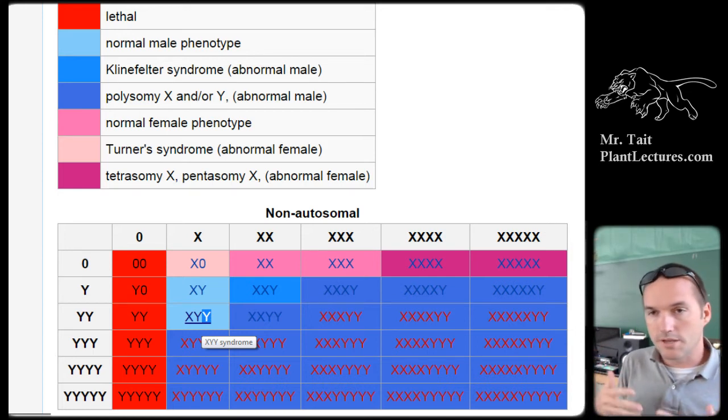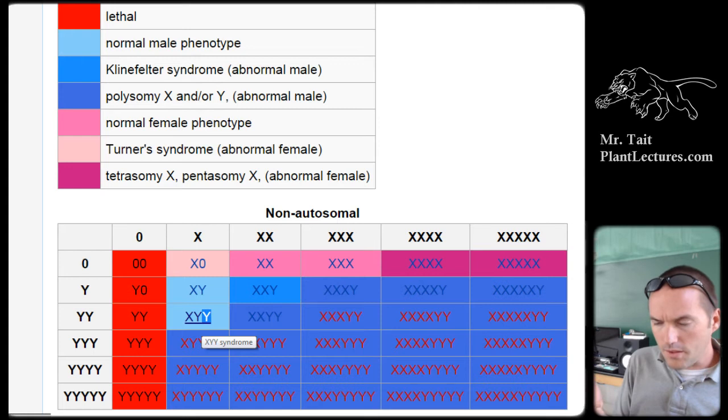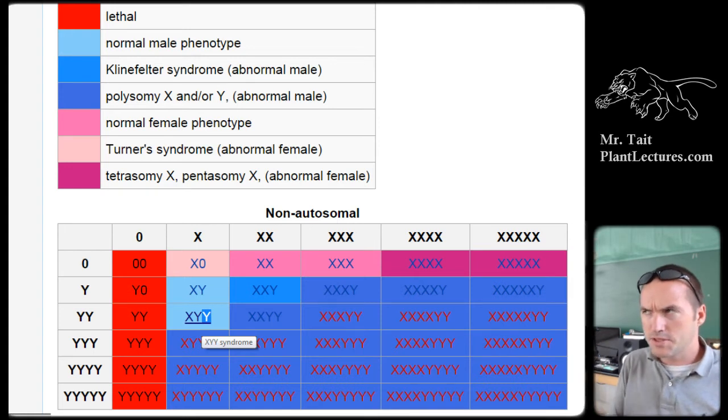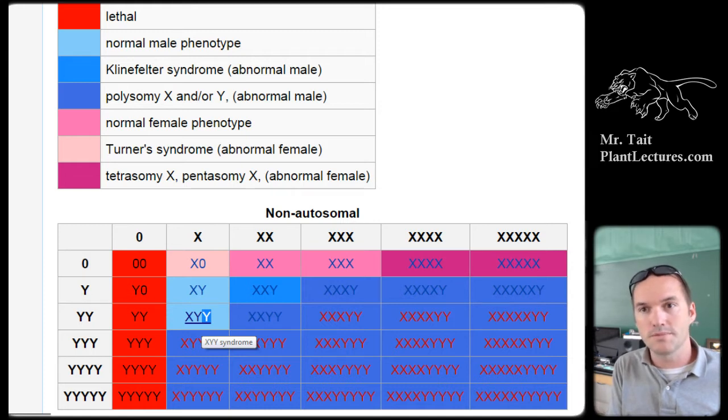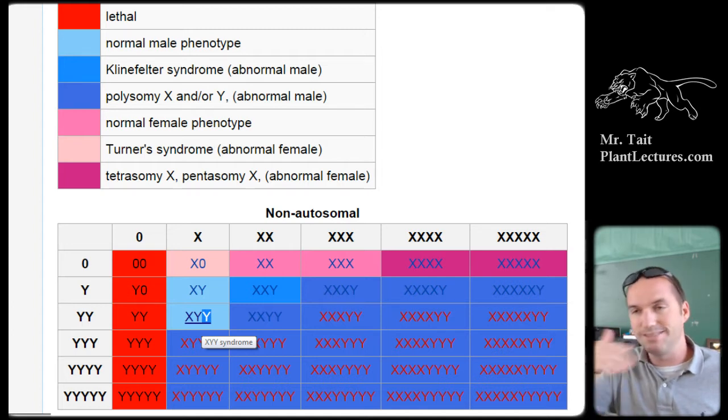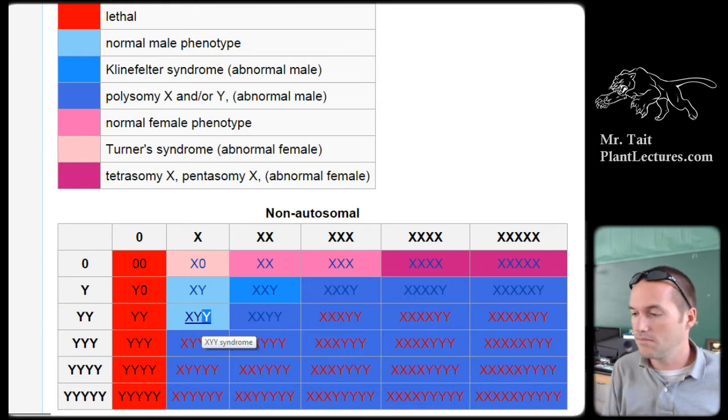A human cell has 46 chromosomes. A normal human sperm cell will have 23 chromosomes. If it has what's called a complete non-disjunction, that means none of the chromosomes separated. That means the sperm cell, instead of having 23 chromosomes, will have 46 chromosomes. That would cause a polyploidy if it was able to then reproduce with another 46 chromosome individual, or 46 chromosome egg.